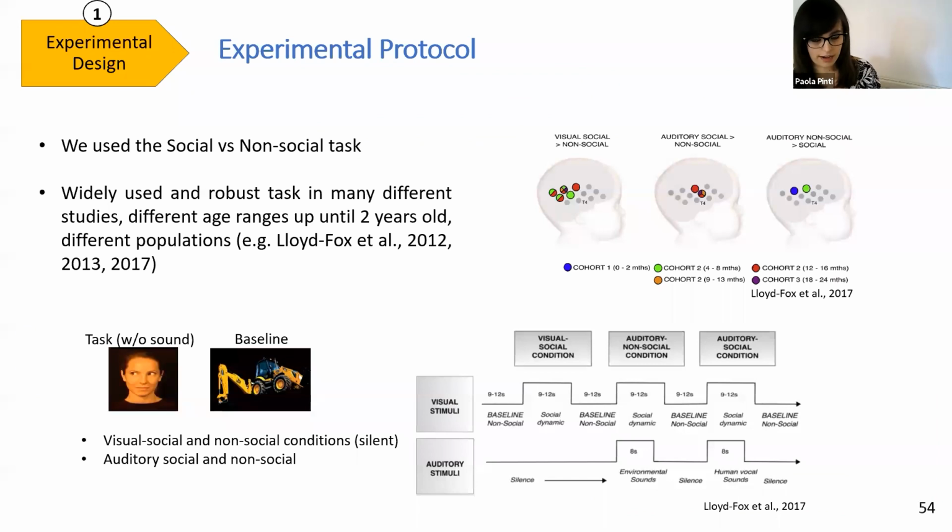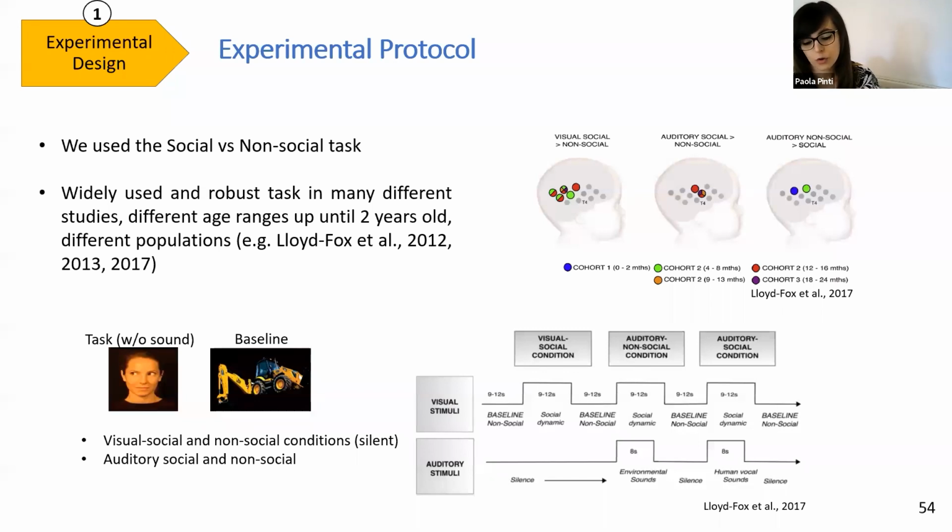For this study, we first wanted to use a cognitive task that was robust and reliable. For this reason, we used the famous social versus non-social task that was used for many years in many different studies at Birkbeck across many different age ranges, from a few months old up to 2 years old.